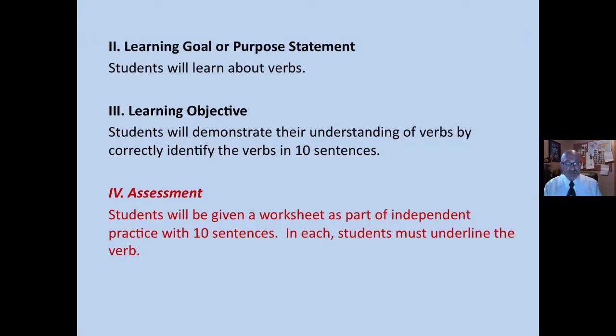All right. Students will be given a worksheet as part of independent practice with 10 sentences on them. In each, students must underline the verb. I've taken the learning objective and I've described it a little bit more. So the reader knows exactly what to do, how assessment is going to take place. All right. And it's common to use 2 to 4 sentences here.